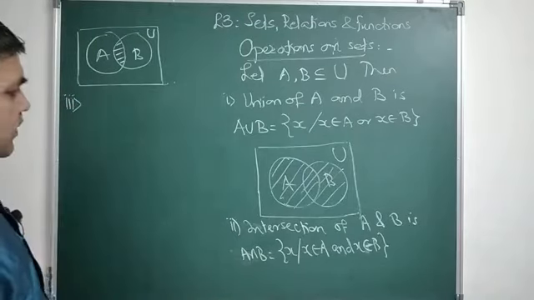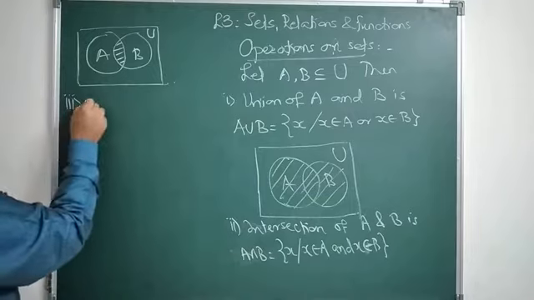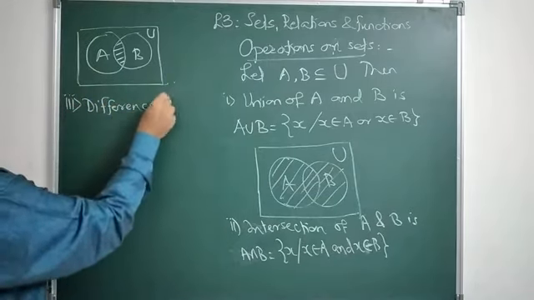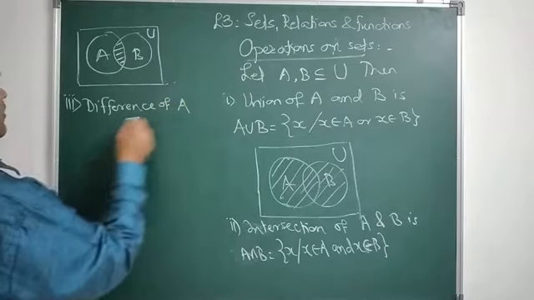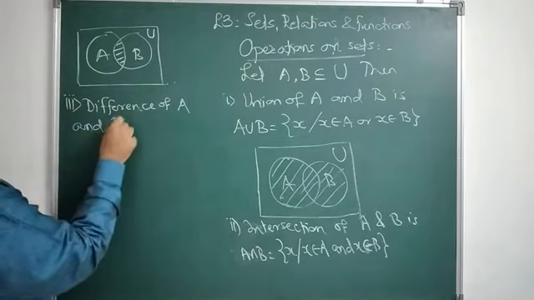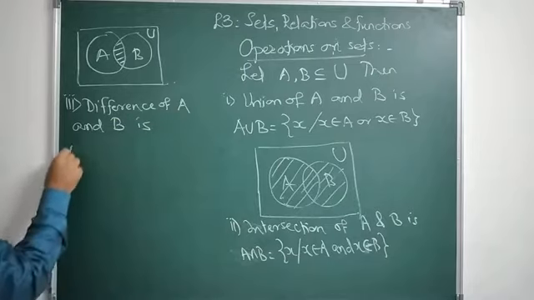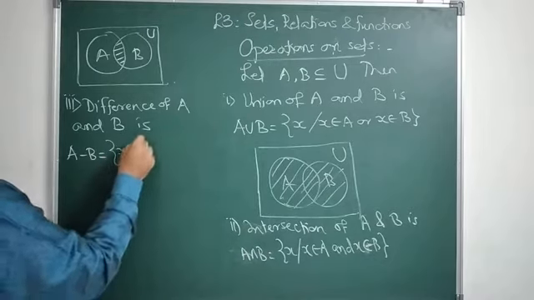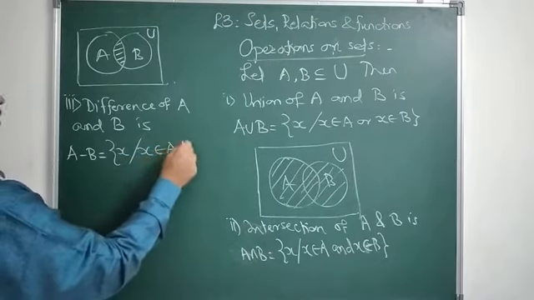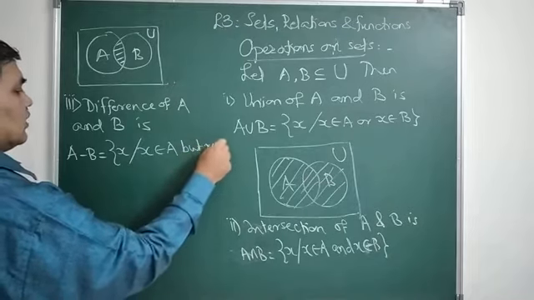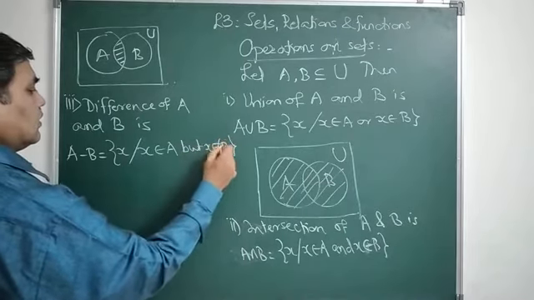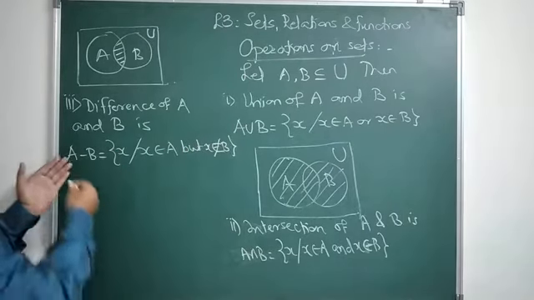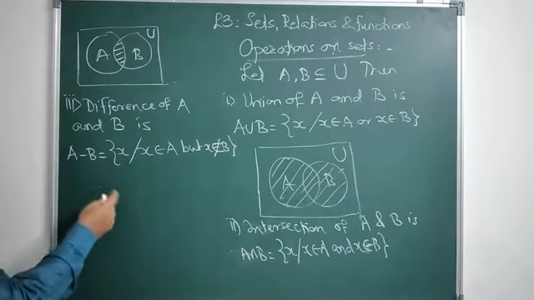Third operation, difference of A and B. A minus B set is equal to the set of those x such that x belongs to A but x doesn't belong to B. So we have to only take elements from A which are not in B. Okay.